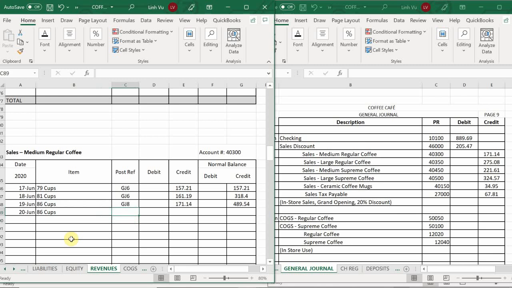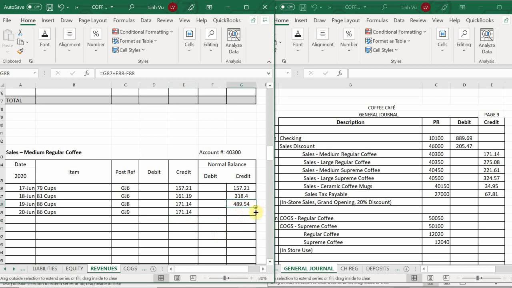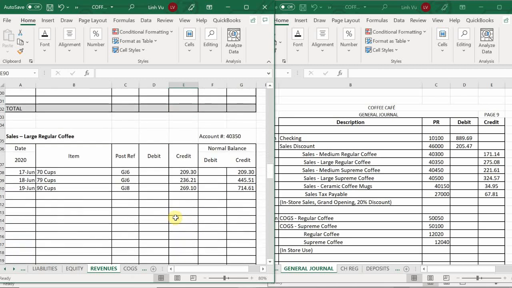General journal number 9. 154, so 171.14. And it is 660.68. Good.